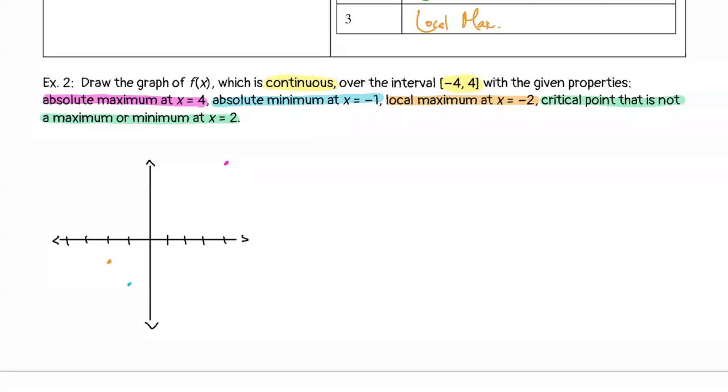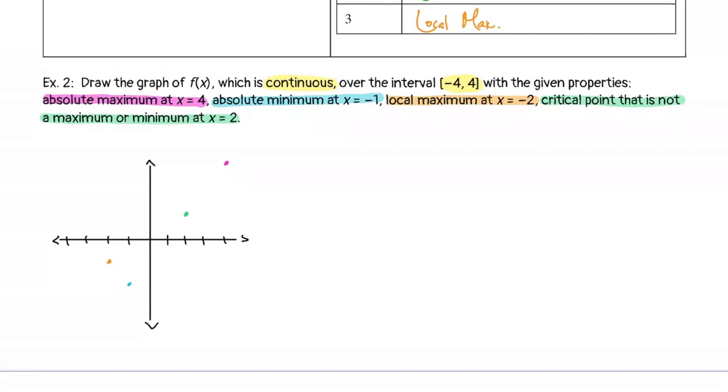So a point that has a horizontal tangent. However, this point is not a maximum or minimum, and that's going to be at 2. Again, I don't really know where that point goes. It just has to be somewhere in the middle of these two, and I know the graph has to flatten out at that point.